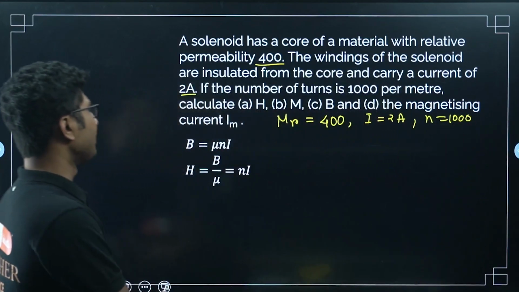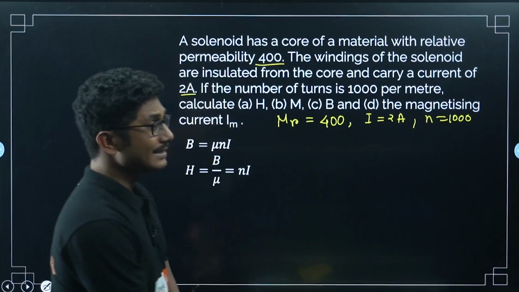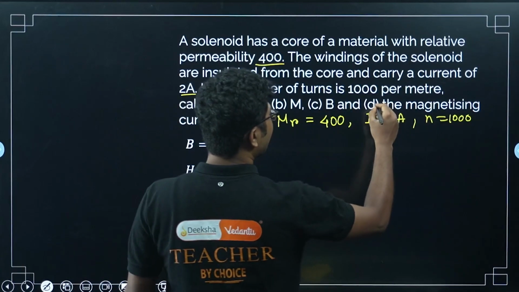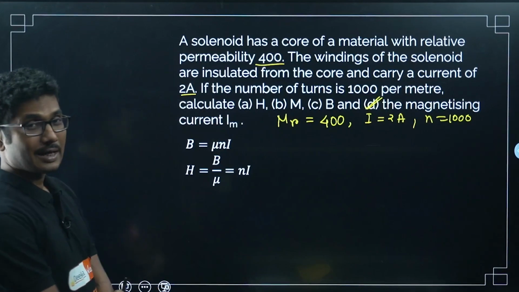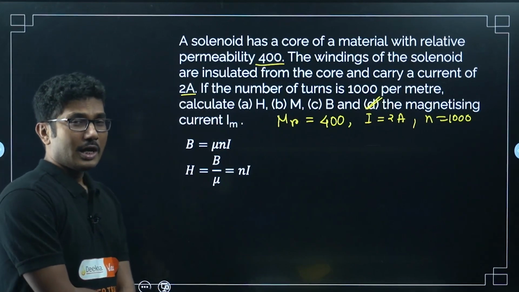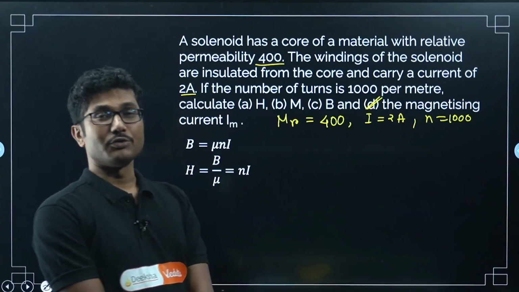Calculate H, M, B and the magnetizing current. This is very important for KCET, this part, magnetizing current. This is from your NCERT book, so they might ask this question, but if you ignore it, you will not be able to answer.